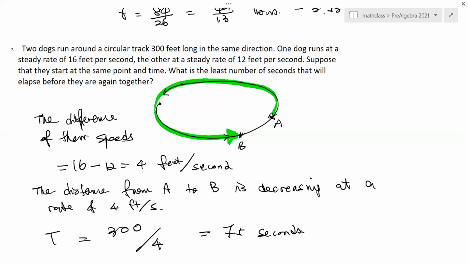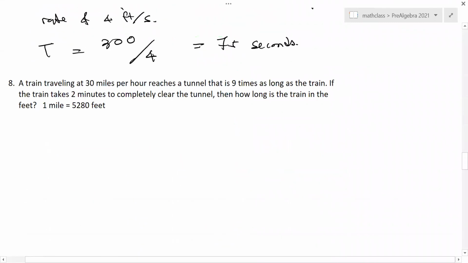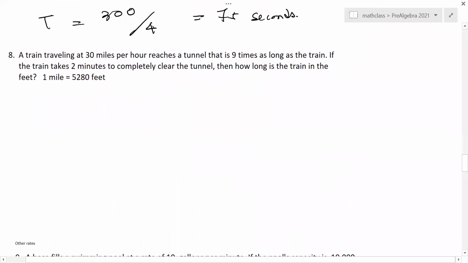But you have to do some analysis and figure out the key point, and how to make sure the fast dog can catch the slow dog, because the distance from A to B at the very beginning is 300 feet and then gets smaller. So for the next one, you still have to draw the picture.